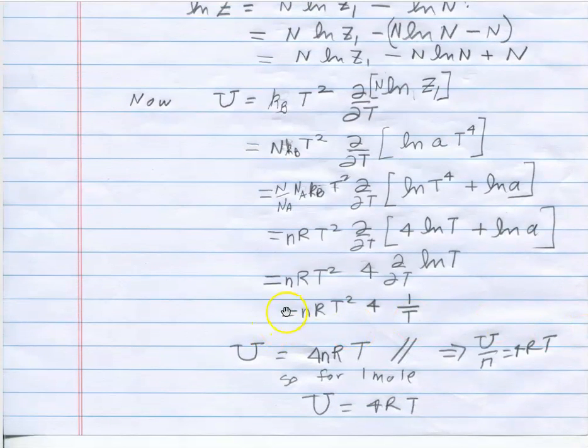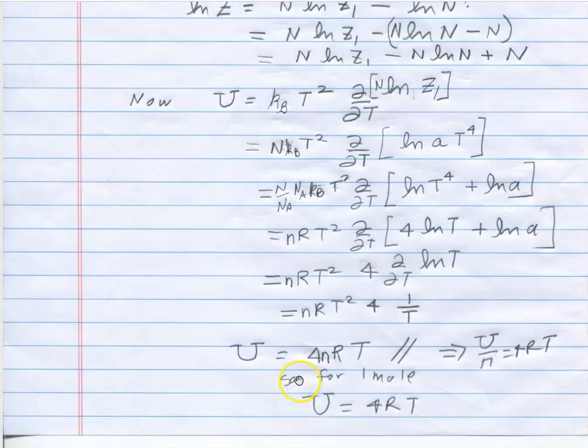And so I can rearrange this. I didn't talk about the front part, but we've done this a bunch of times anyway. I can multiply and divide by Avogadro's number. Na times Kb is just the ideal gas constant, and then N over Na is just the number of moles of the substance. So I carry that through, and really I've got the internal energy of this particular system is 4nRT, where n is the number of moles.